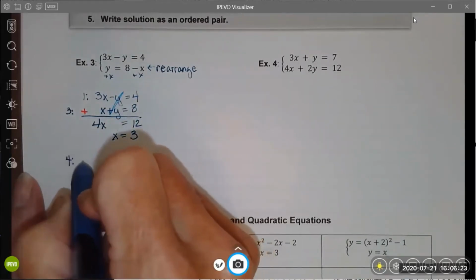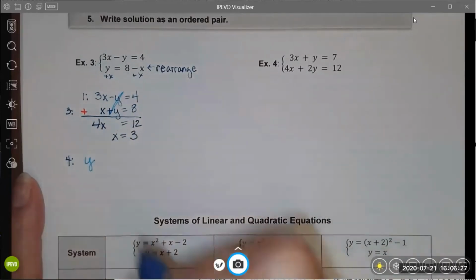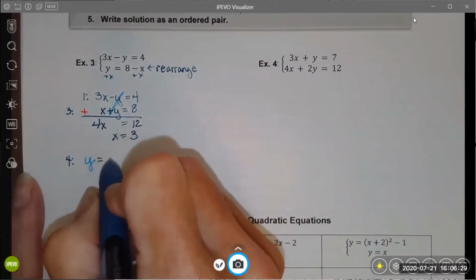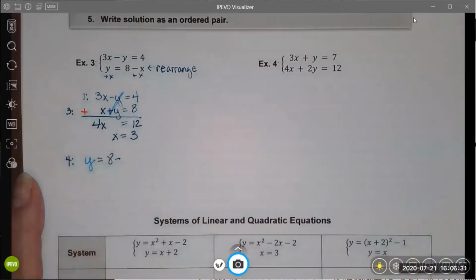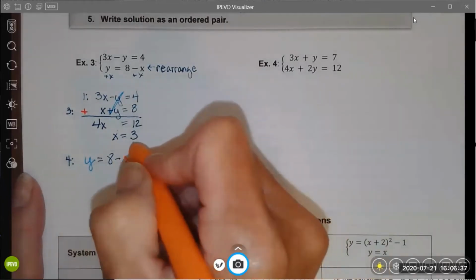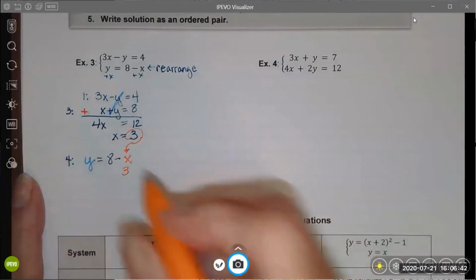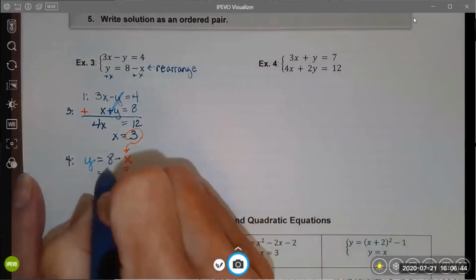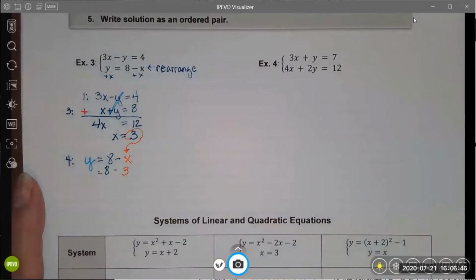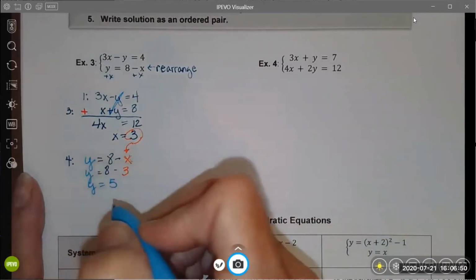I'll use blue: y is going to be equal to 8 minus my x value. And we've shown that the x value was identified here. So I can substitute that in for the variable, and I get that y is equal to 5.